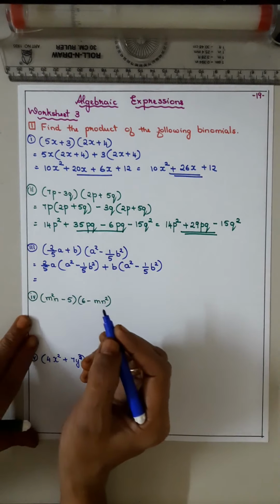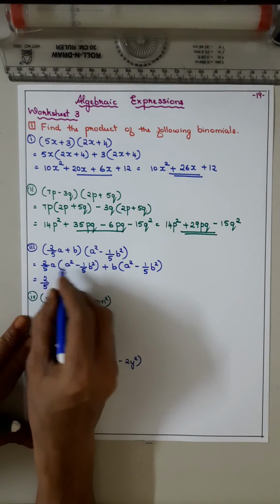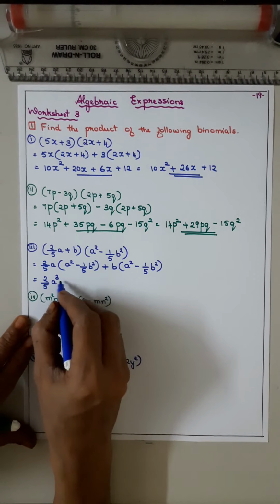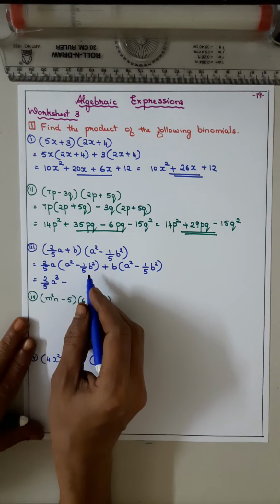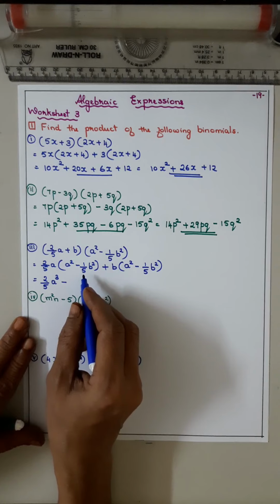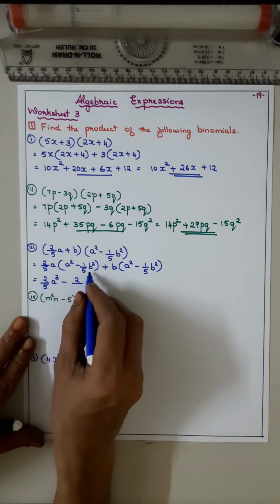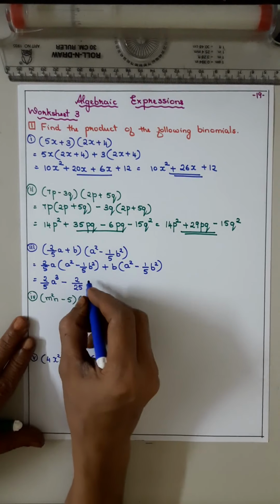Now solve it. 2 by 5 into 1, 2 by 5, a squared times a, a cube. Now the sign is minus, 2 by 5 into 1 by 5. There is no cancellation. 2 1s are 2, 5 5s are 25, a b squared.